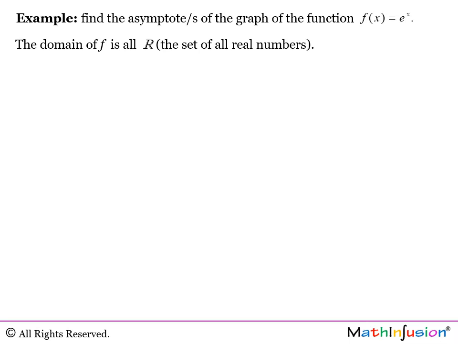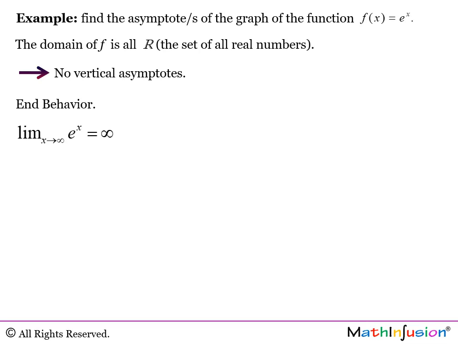Example: find the asymptote or asymptotes of the graph of the function f(x) equals e to the x. Again, we have to notice the domain. The domain of the function is all real numbers. It means that automatically we cannot have a vertical asymptote. But we have to focus on the end behavior then.